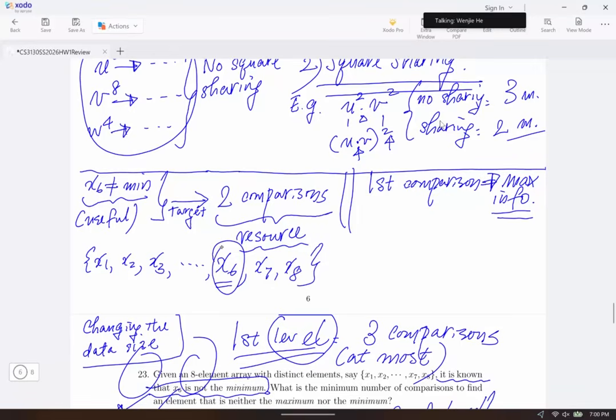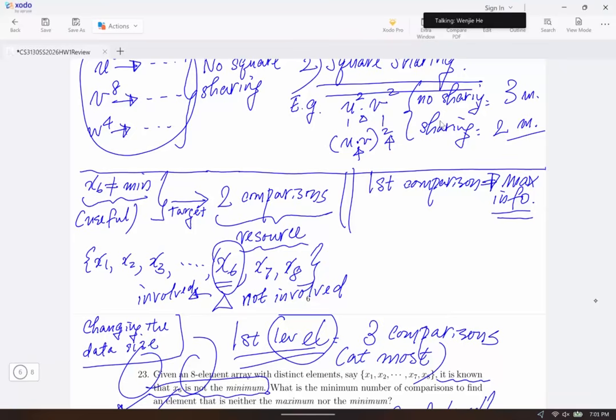Typically there are 2 different ways to choose our first comparison. The first way, x6 not involved. And the second way, x6 involved.